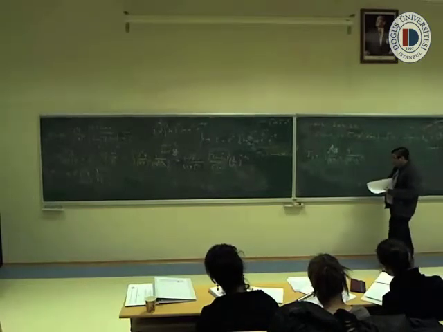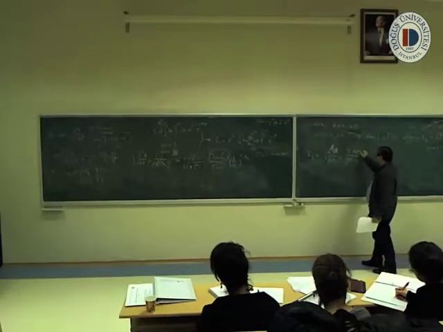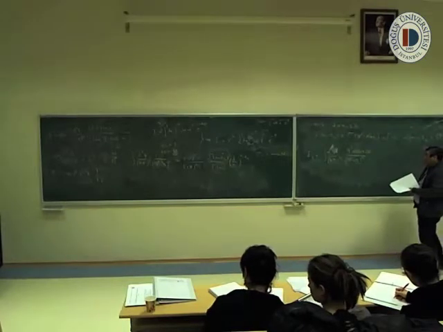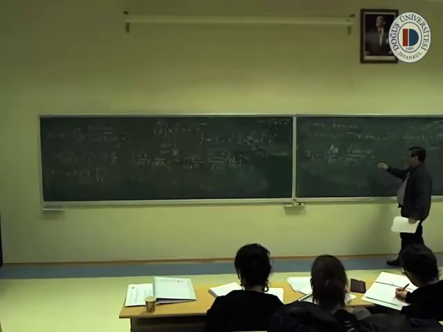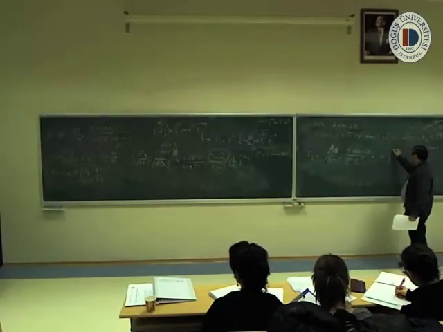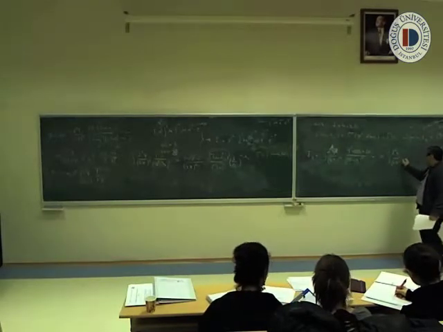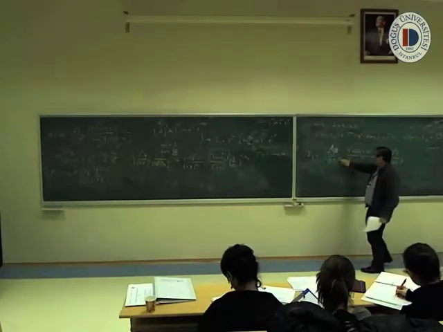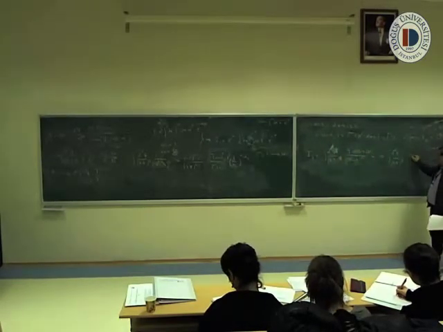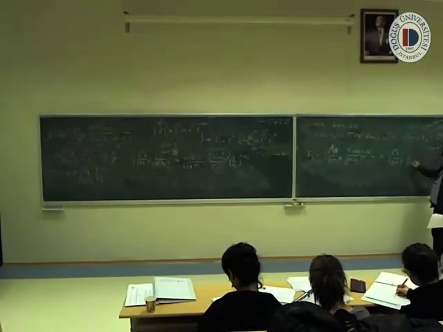Now I add a delta and subtract the same from the numerator, so here I will get delta over delta, integral d^d q over (2 pi)^d, 1 over (q squared minus delta) to the power n.